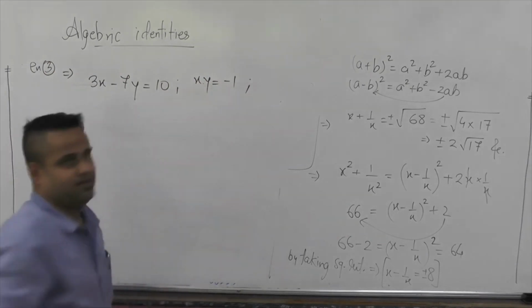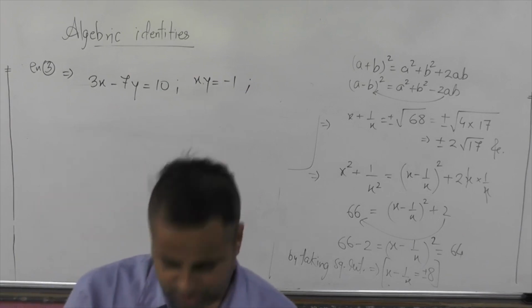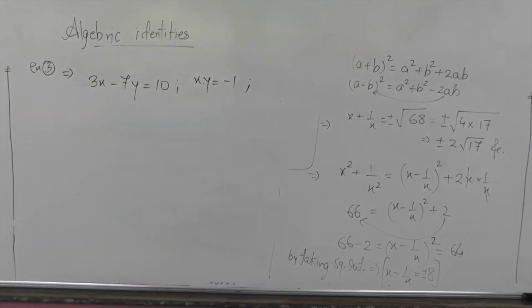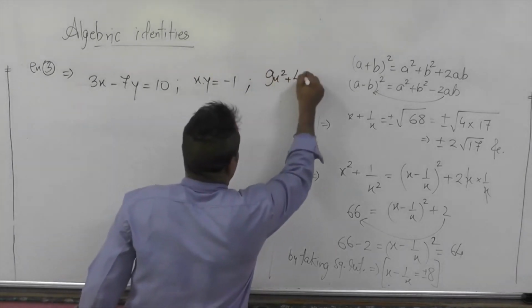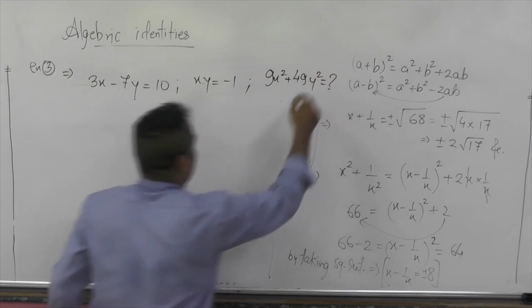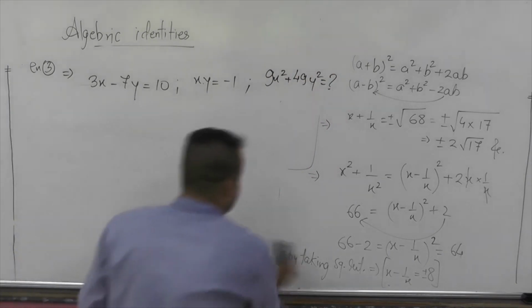That is actually x into y. There are three kinds of multiplication: dot multiplication, cross multiplication, and bracket multiplication. It is one of them. We need to find the value of 9x square plus 49y square. The value of this expression we need to find out. Now see how to find the value of this.